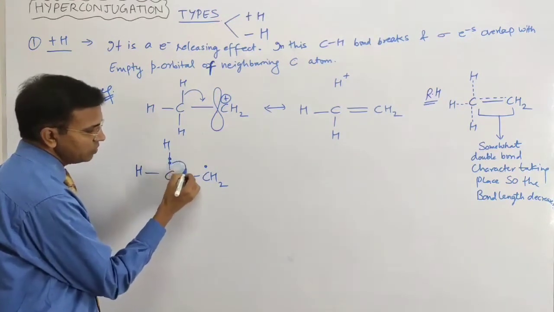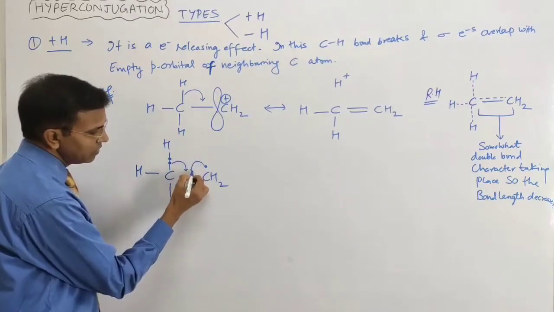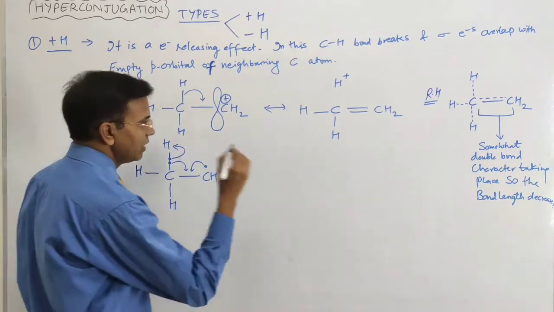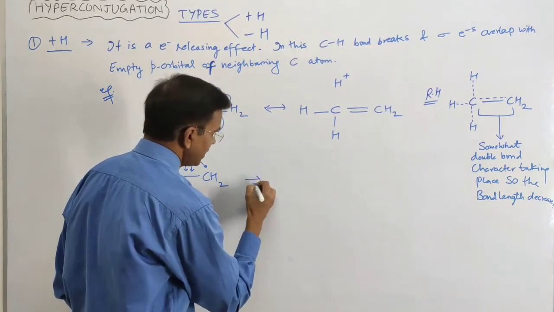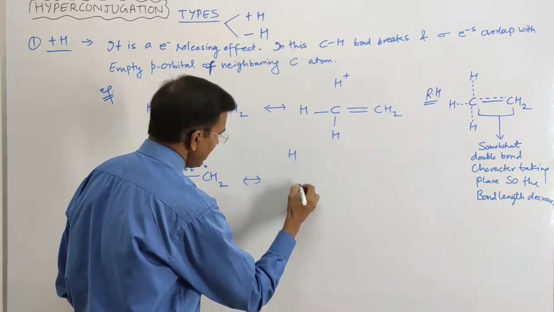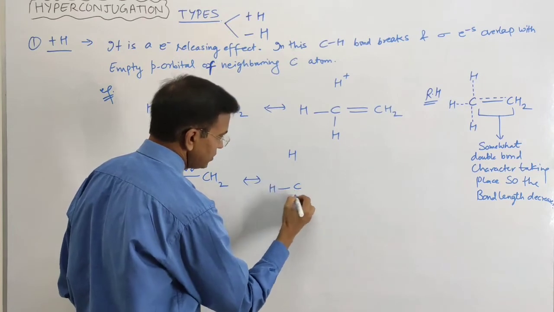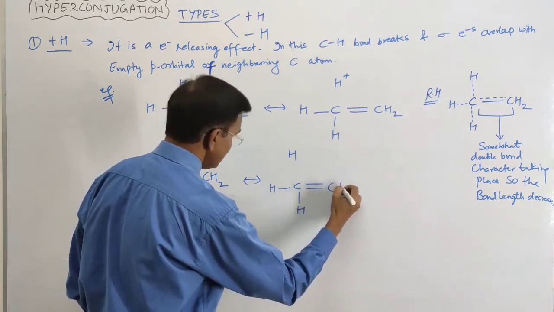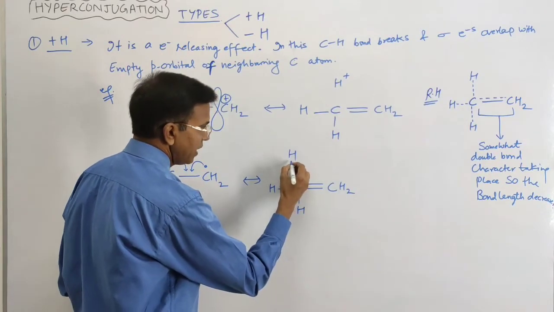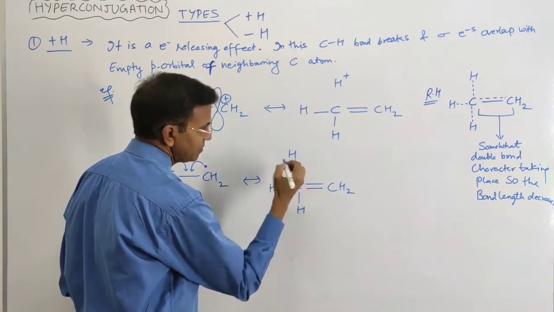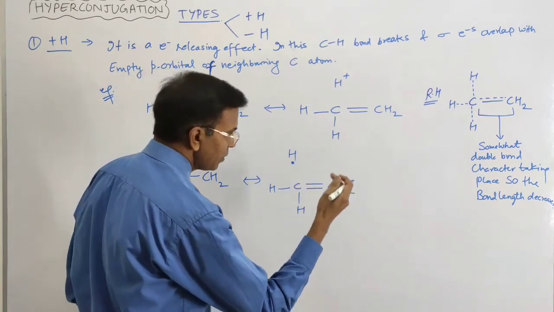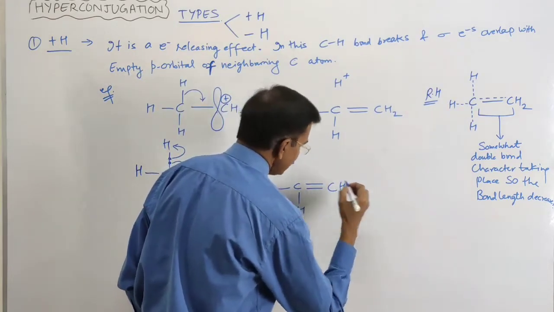So one electron comes to this side, and one electron goes to the hydrogen. The resonating structure will be CH, CH. Here is the double bond, here is the CH2, and here is the free radical. The next resonating structures are possible.